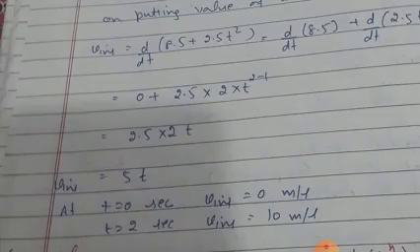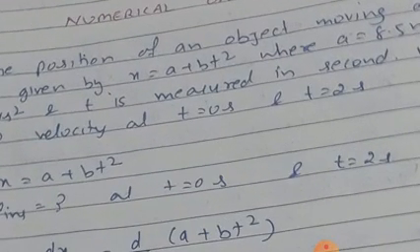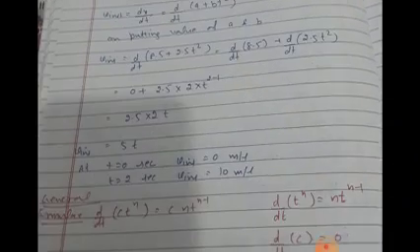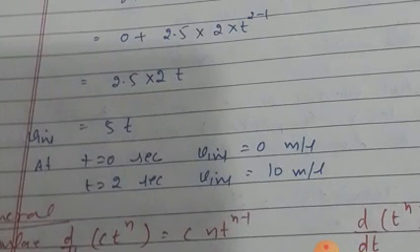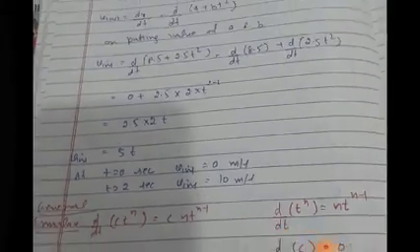Now, what we have to find out is the velocity at t = 0 second and at t = 2 second. On putting t = 0, V instantaneous is 5 into 0 = 0 meter per second, and if we put t = 2, then V instantaneous will be 10 meter per second.